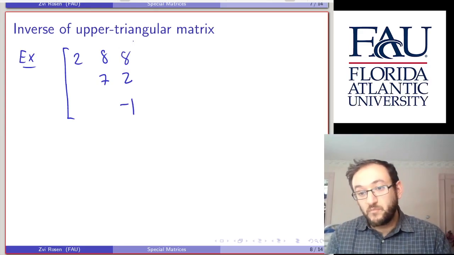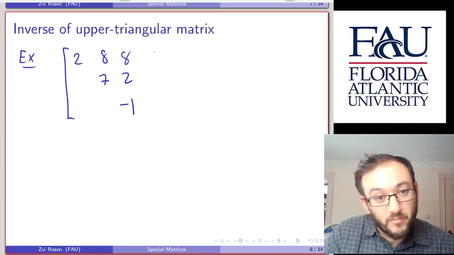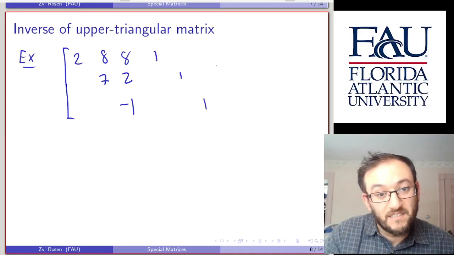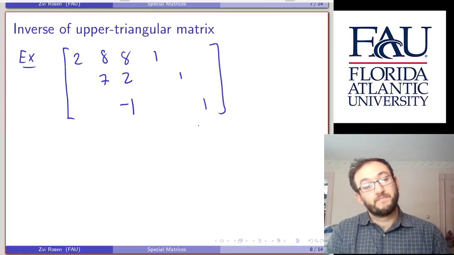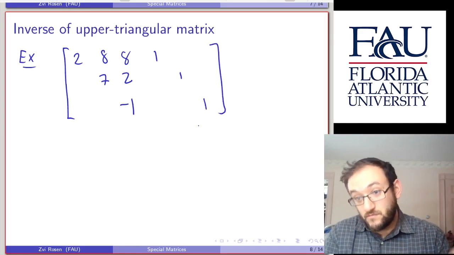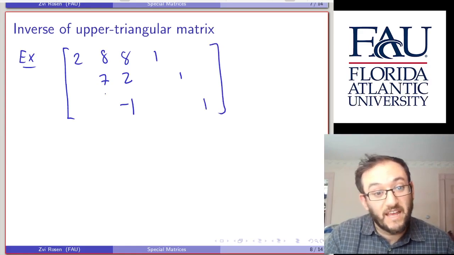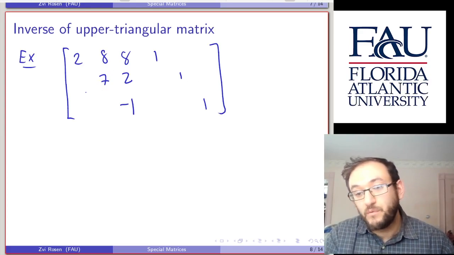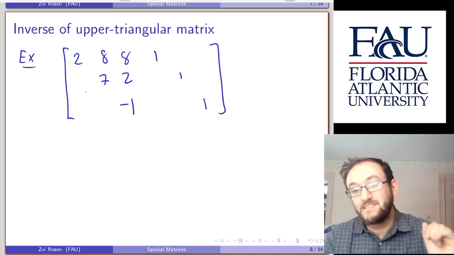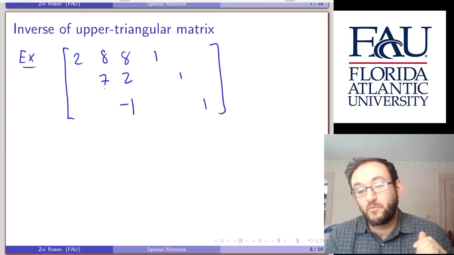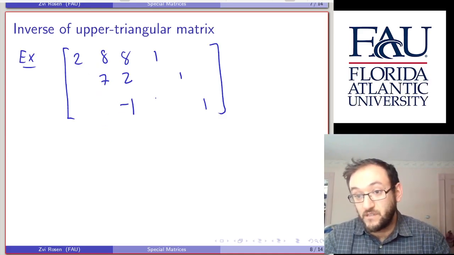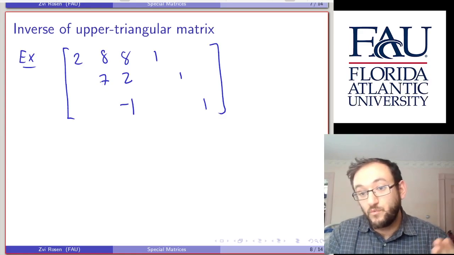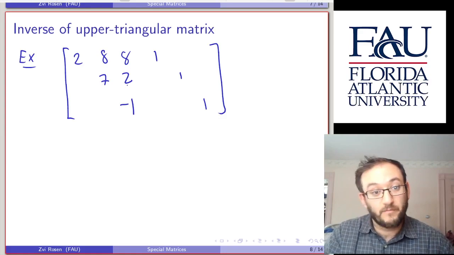So how do we compute an inverse? We augment by the identity matrix and do Gauss-Jordan elimination. Here you're always going to be adding rows up. This is why it's so important that these diagonal entries are non-zero, because if they weren't, you wouldn't be able to get the leading ones that you need here.